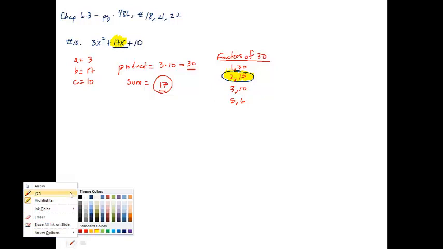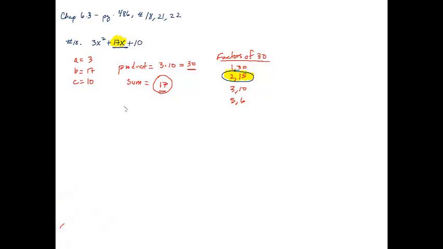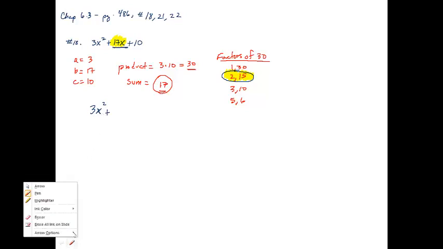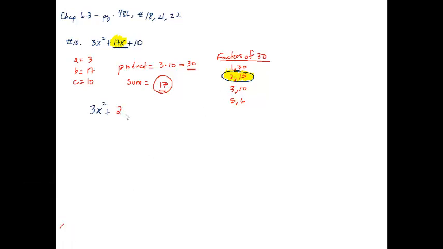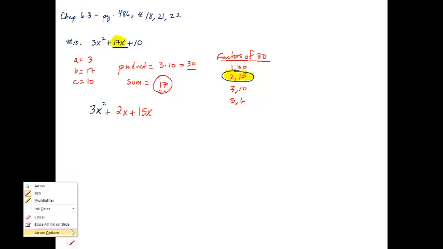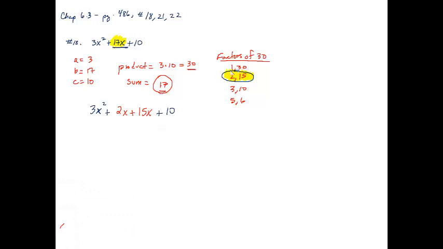It's going to become 3x squared plus, now instead of 17x, it's going to be 2x plus 15x. And then don't forget to write out the rest of the problem, adding 10. So I have 2x plus 15x, which is the same as 17x.